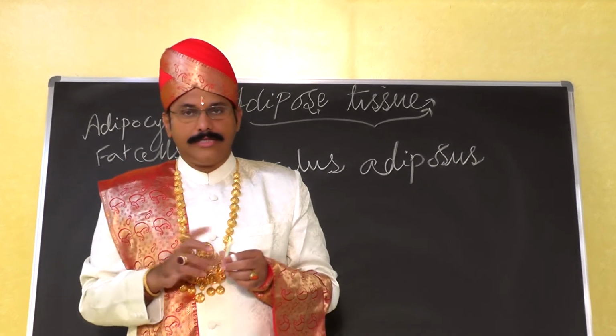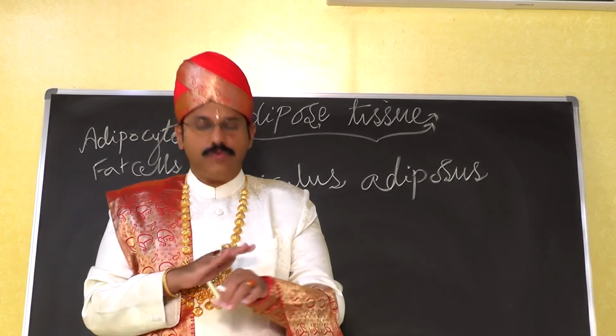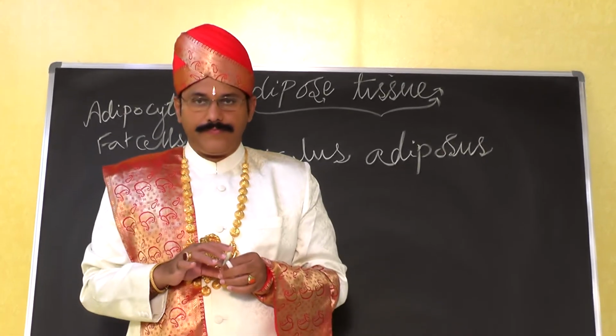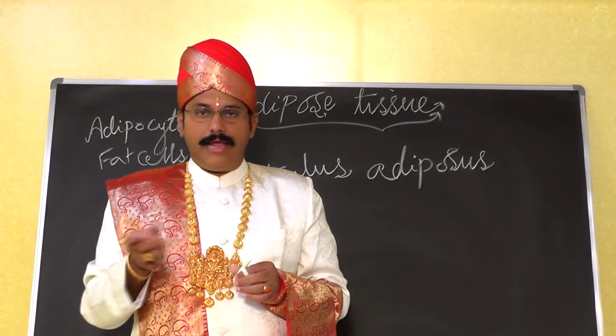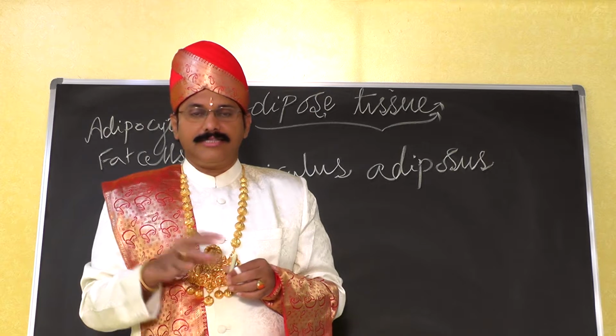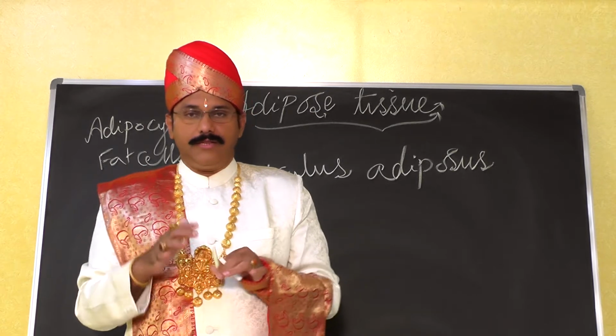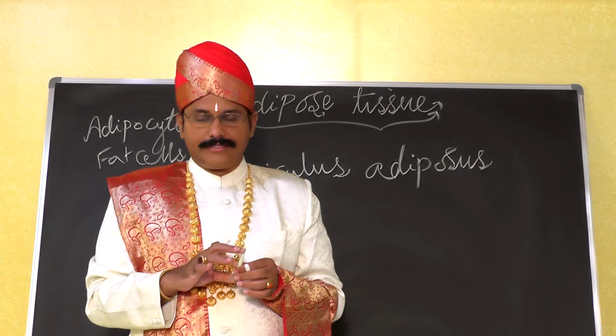This panniculus adiposus is responsible for the smooth contour of the skin. If you see, underneath the skin we have the subcutaneous tissue, and in this subcutaneous tissue there is fat present. This fat is responsible for the smooth contour of the skin.